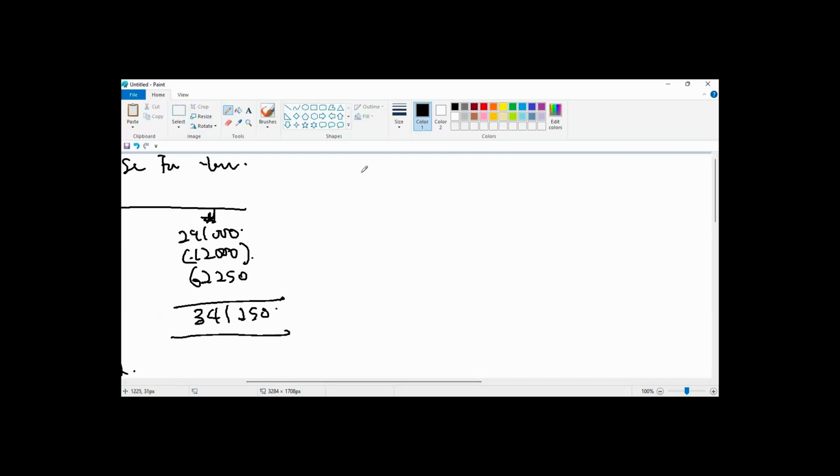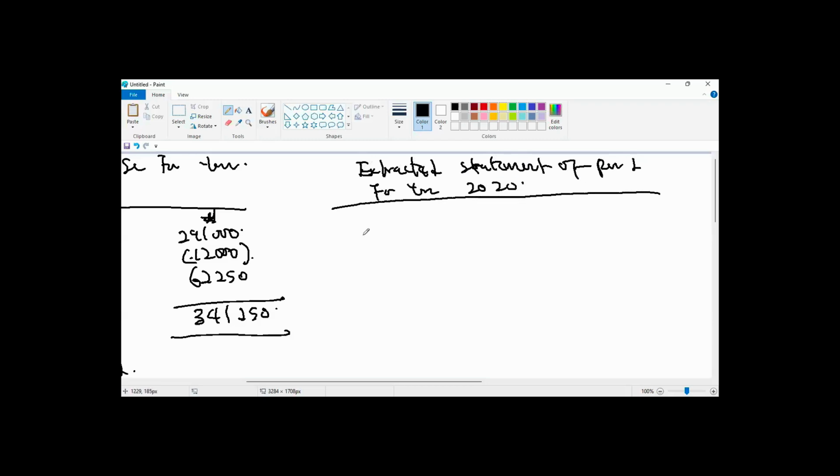The extracted statements of P&L for the year ended 2020. Tax expense 341,250.